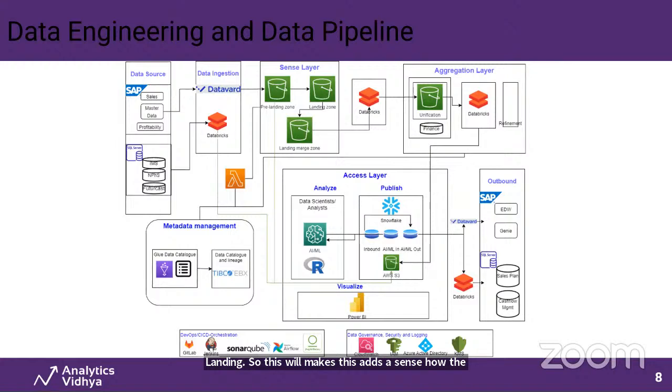This data lineage will help us understand how the data is transformed and how it traveled, I would say, from one point to another. For that, we use a data catalog to maintain the data lineage.